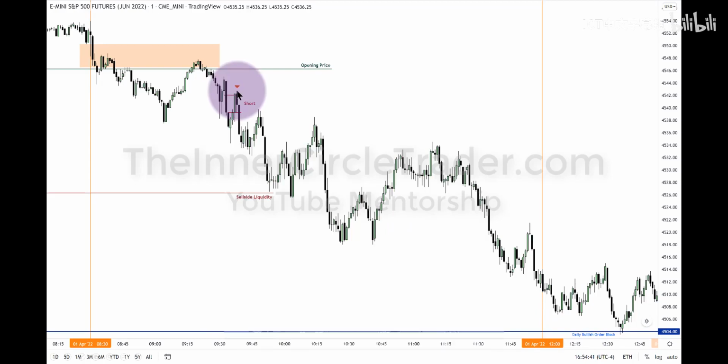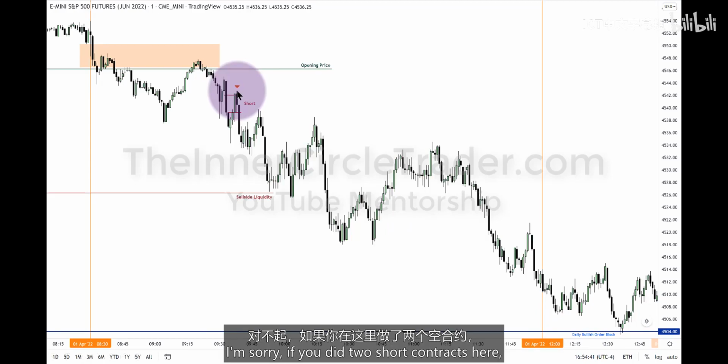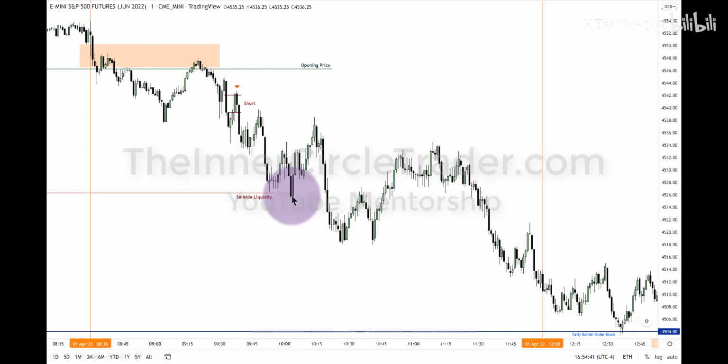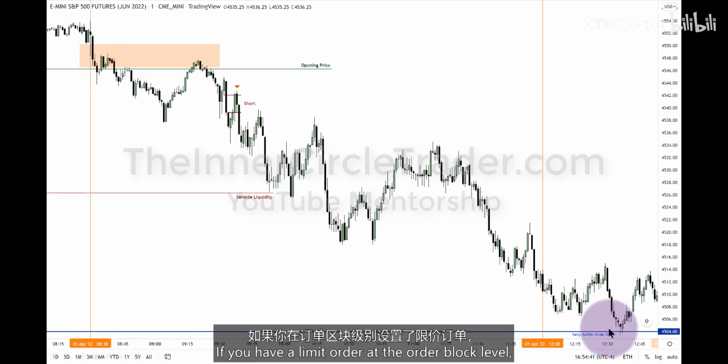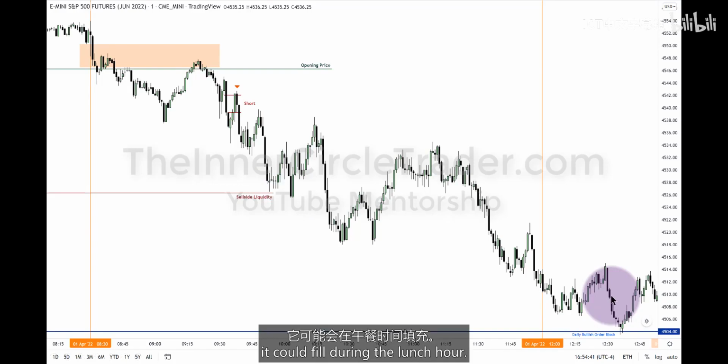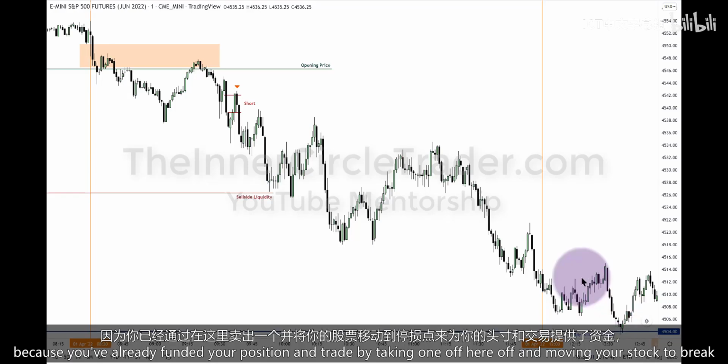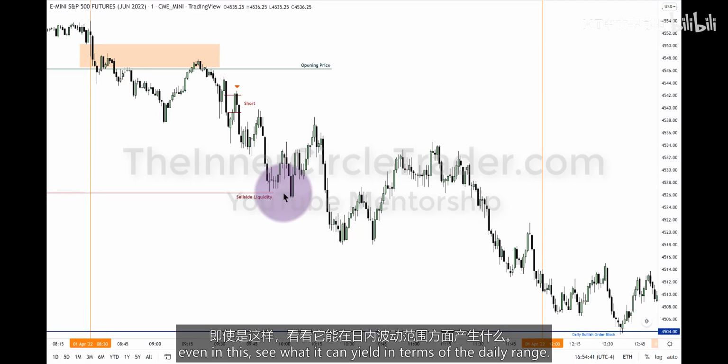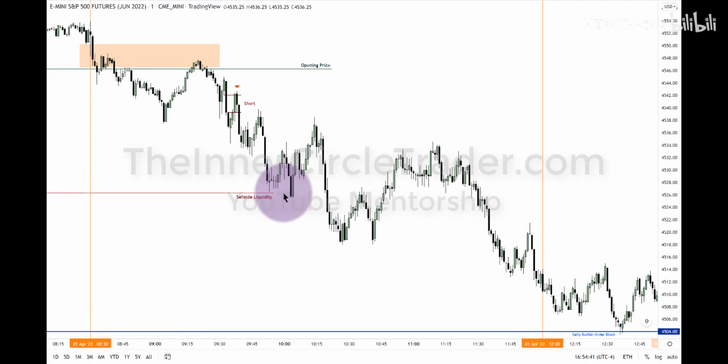If you did 2 short contracts here, you took one off at your first target, and you want to see if you can get the other objective. If you have a limit order at the order block level, plus a couple points, it could fill during the lunch hour. You don't need to be babysitting it in front of it then, because you've already funded your position and trade by taking one off and moving your stop to break even, and just see what it can yield in terms of the daily range.